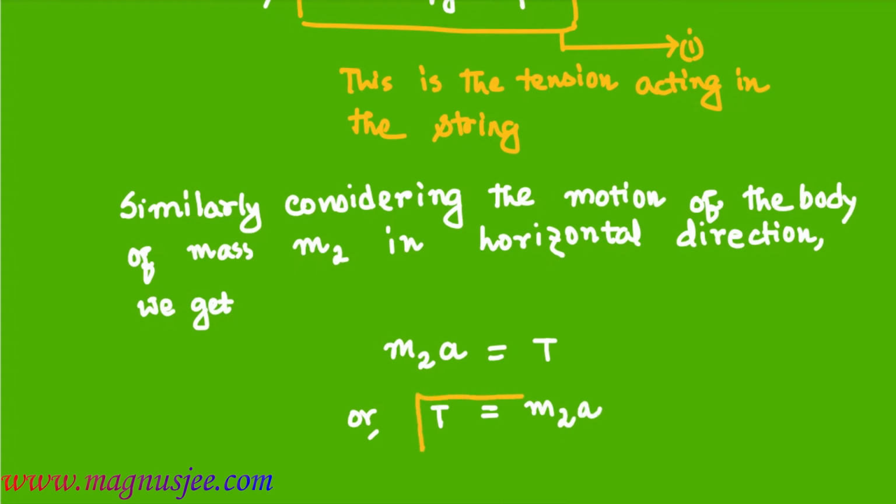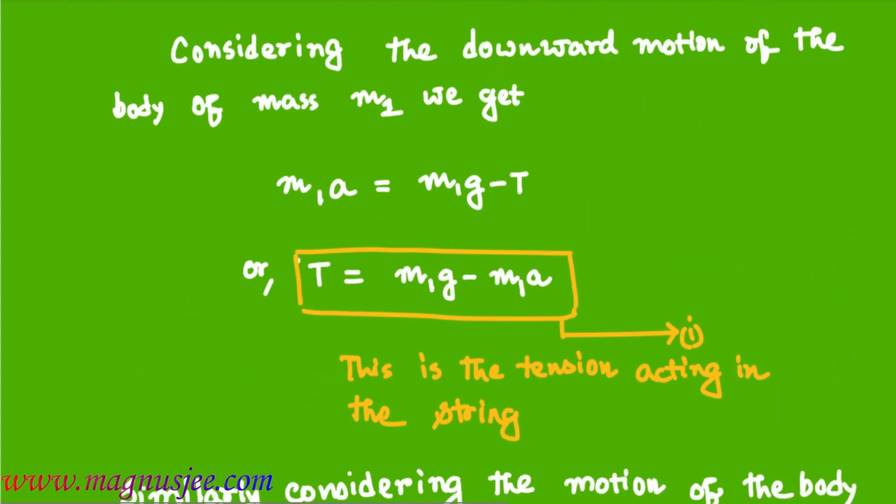So we get T equals m2a. That is also the tension acting in the string in connection with the motion of the body of mass m2.